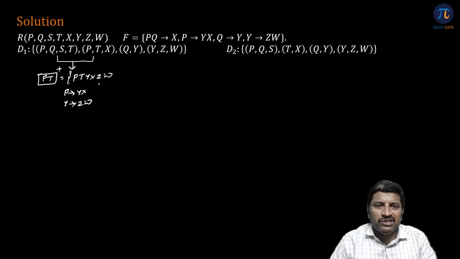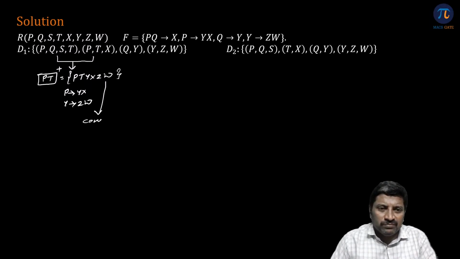Y implies ZW. Anything else possible, sir? No. Anyway, by this time it contains the second one. Let us assume this is R1, this is R2, R3, R4. So this contains R2.